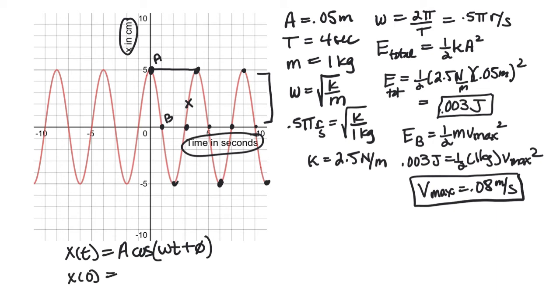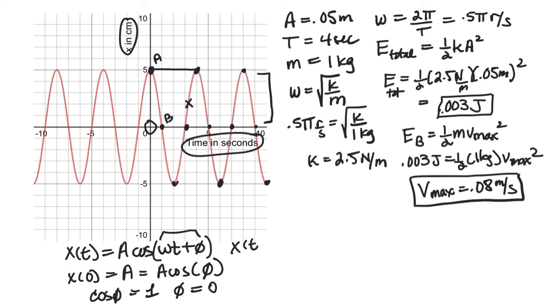which I already know is equal to the amplitude because it's at the amplitude at x equals 0, at t equals 0. So that's A equals A cosine of phi, because when t equals 0, the phase on the inside is just phi. Well, that means that cosine of phi equals 1, and the only way for that to happen is when phi equals 0, which makes sense because this is a pure unshifted cosine graph.